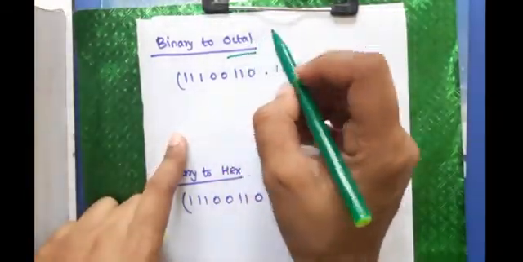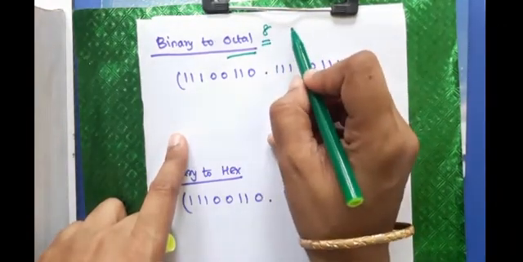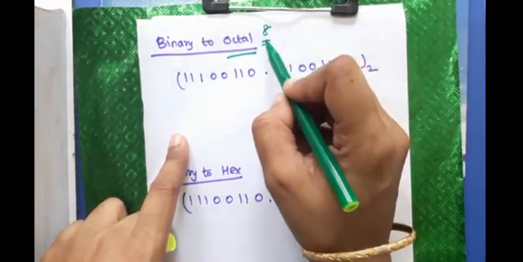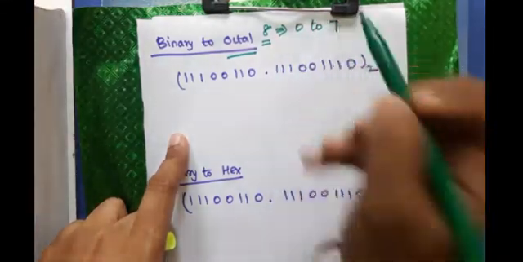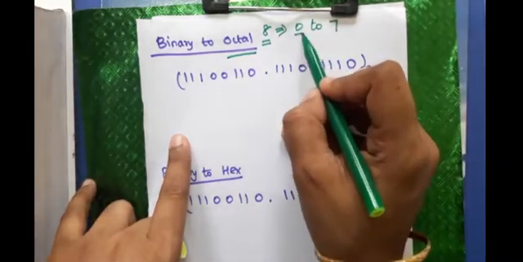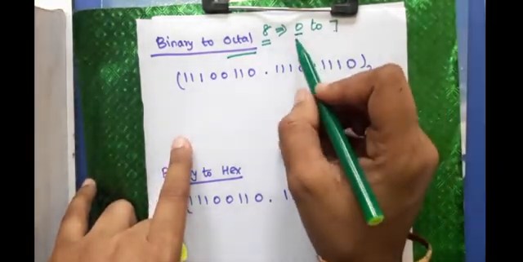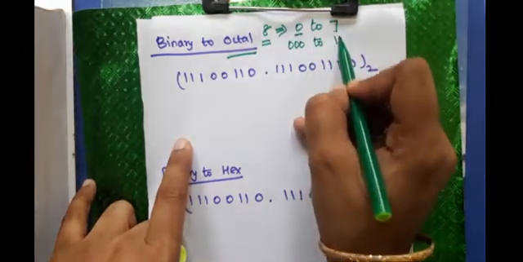Fine. Octal means 8. 8 has distinct numbers 0 to 7. So each from 0 to 7 I require just 3 binary bits to represent them, from 000 to 111.